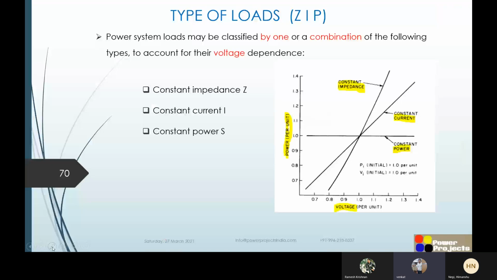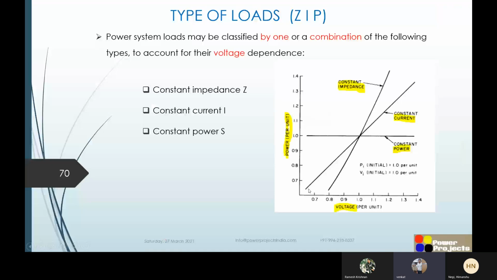I hope you have an idea about the constant impedance load. What the constant impedance load does is it will draw a huge amount of power, like the inrush during the starting of a transformer. Like that, whenever the voltage falls below a certain limit, this load will be converted to a constant impedance load. That is a basic concept that we should remember.